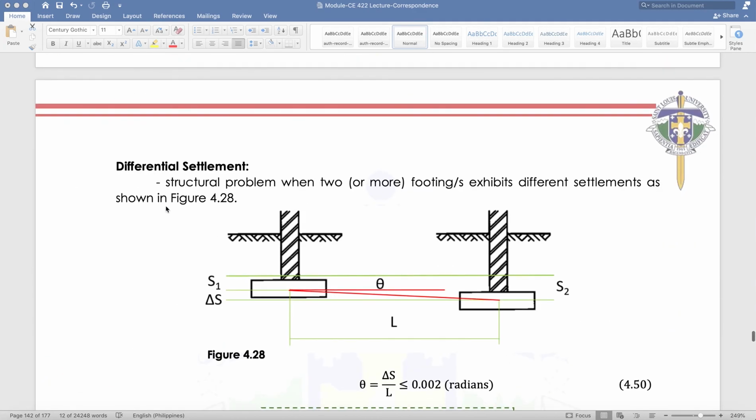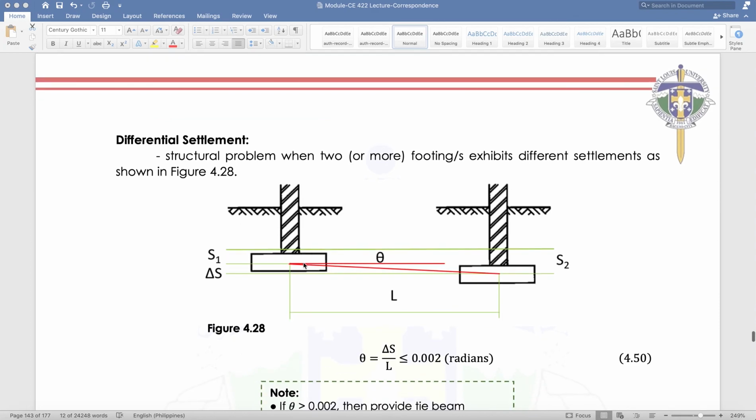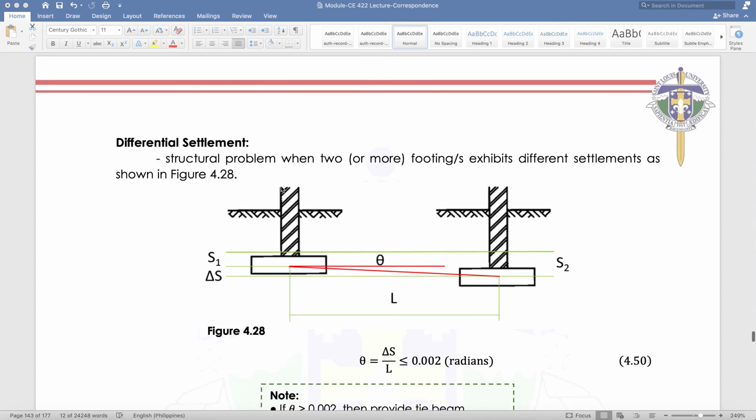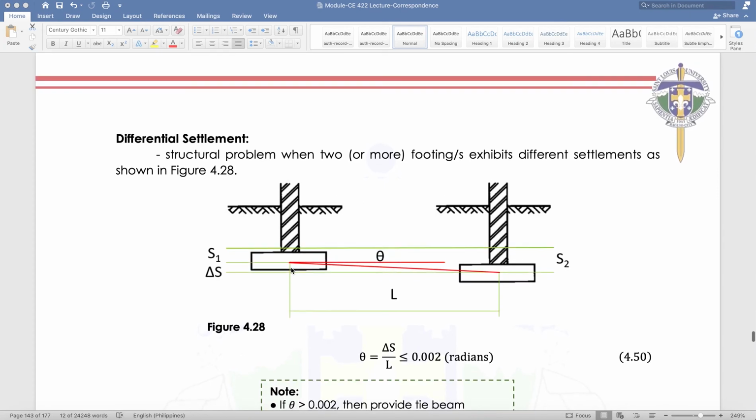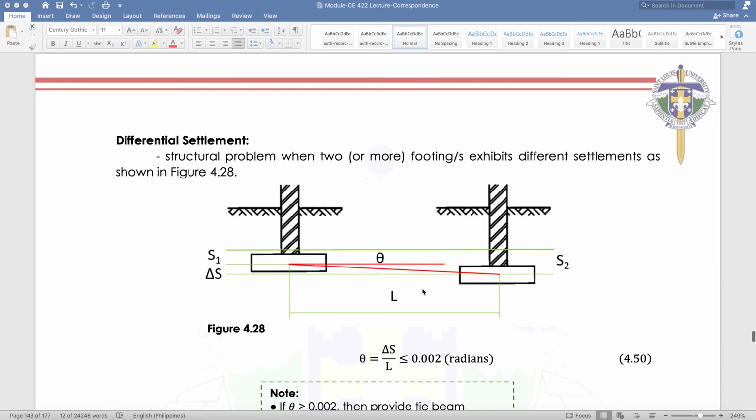Now, we have here the differential settlement. Structural problem when two or more footings exhibit different settlement as shown in the figure. So, for example, imagine our footing here. Okay? Now, we had settlement and for example, this is your footing 1, this is your footing 2. So, the levels of settlement of footing 1 and footing 2 are different.